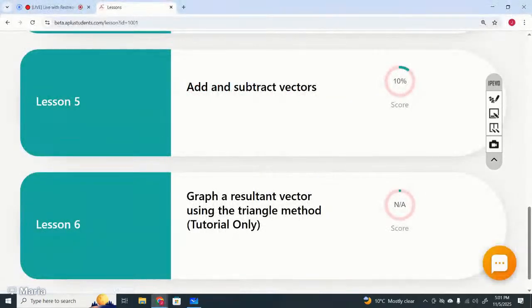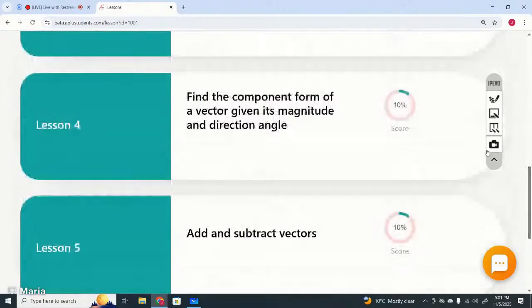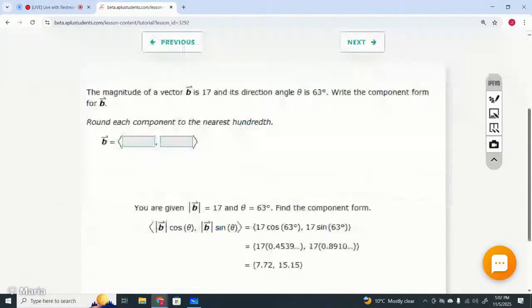Okay, here I'm on grade 10 math. The chapter we're on right now is vectors. Let's just start with finding the components of a vector given its magnitude and direction angle. The magnitude of a vector B is 17 and its direction is angle theta equals 63 degrees.